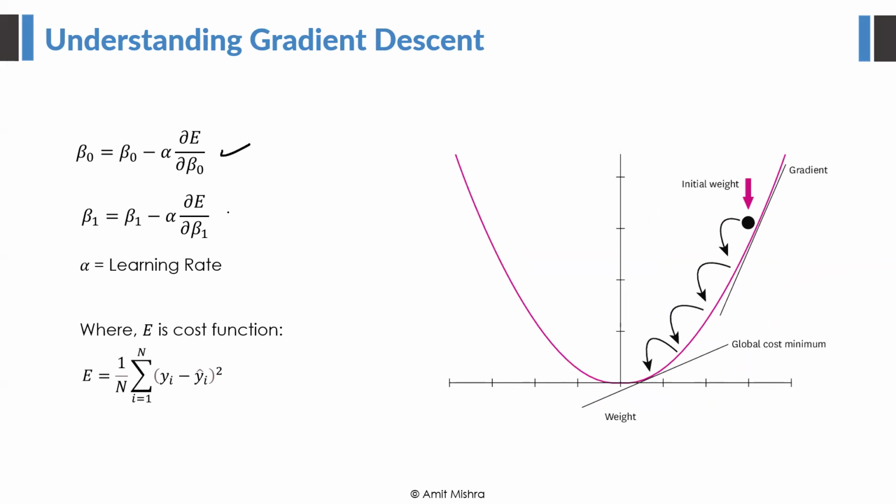This is known as partial differentiation of error with respect to beta naught and beta 1. And what is this? In maths, this is known as the tangent to the surface. So if this is your error surface, you have to keep on taking the tangent here. This is your tangent to the error surface, and we try to minimize it.